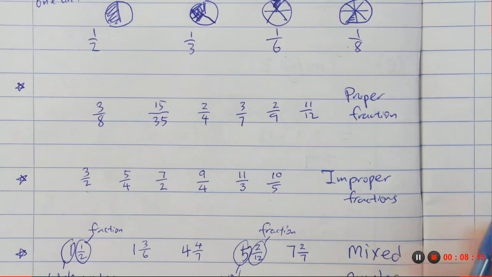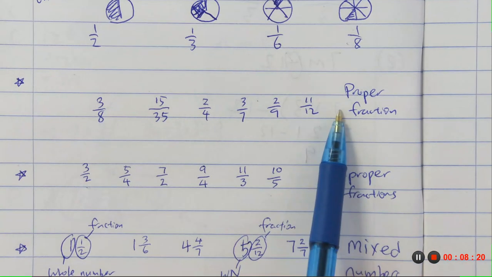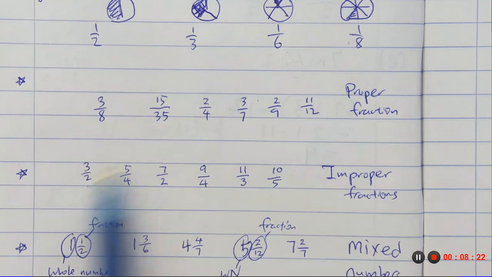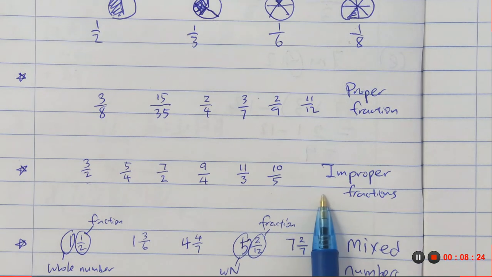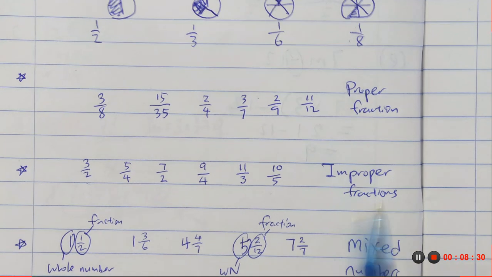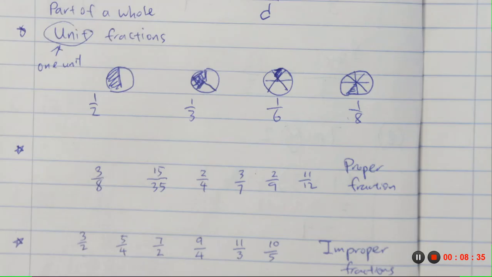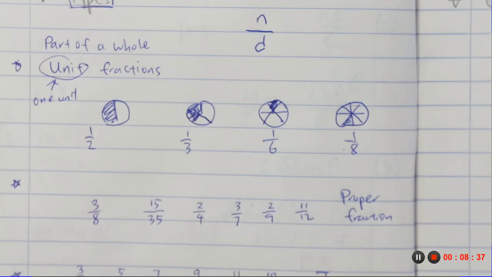Then our friends say, this set of examples are proper fractions, this set of examples are improper fractions. Now, my question is, how come this called proper, this called improper? What can you observe from the pattern in the numerator and denominator?